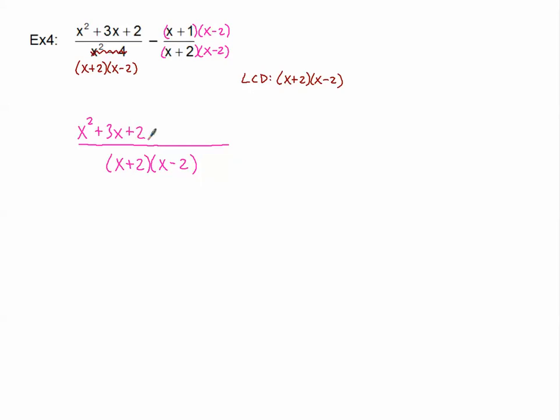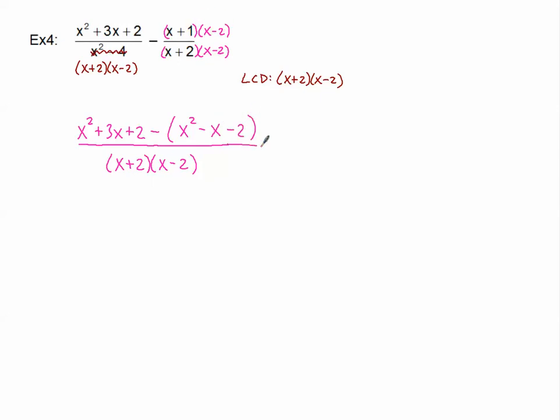But watch out for the second numerator. I know I need to FOIL this, but I'm also going to be subtracting all parts of that answer. So I'm going to keep this in parentheses. When I FOIL this, I get x squared, and negative 2x and positive 1x makes my negative x, and 1 times negative 2 is my negative 2 again.